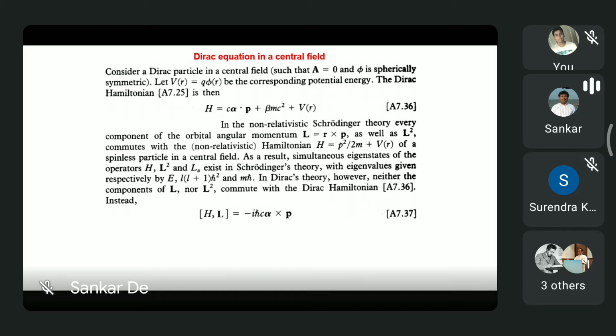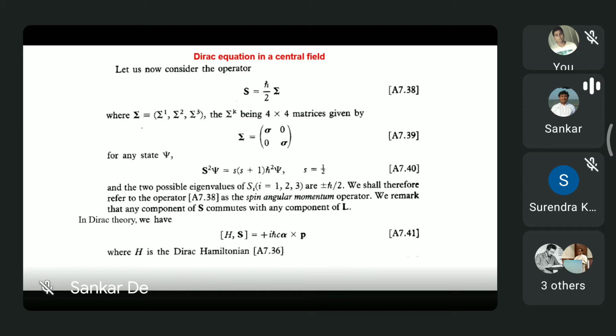And this is also true when, after introducing the orbital angular momentum, we again introduce the spin angular momentum in the form of S, or capital sigma, where we also define this capital sigma as a 4 by 4 matrix based on small sigma, and we also derive the spin angular momentum operator and its eigenvalues.